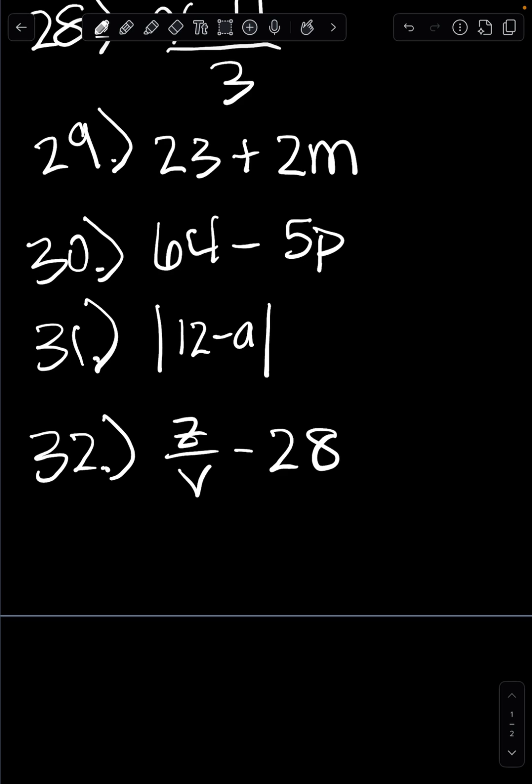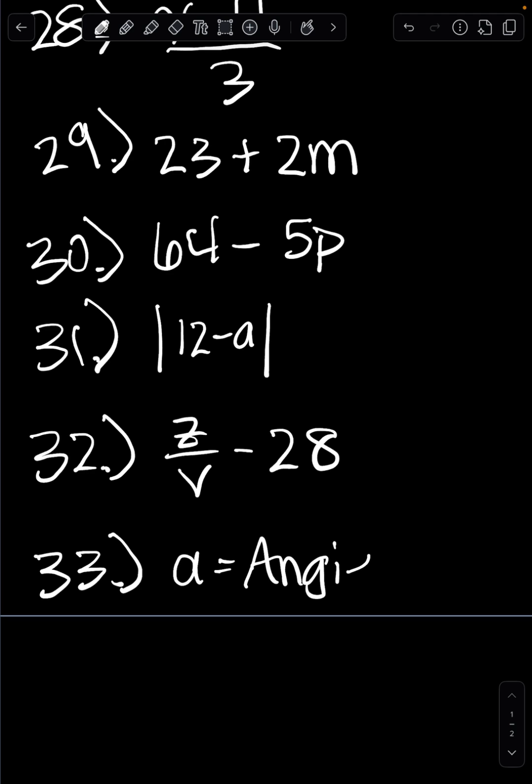Number 33. Write an expression for each person's age if Angie is A years old. So A is Angie. I'm just going to jot that down. Okay, letter A, Leah, who is 5 years younger than Angie.